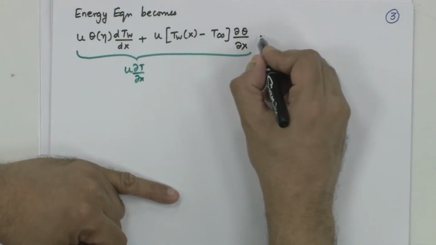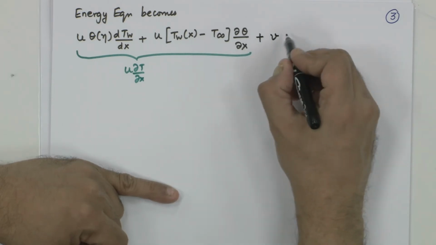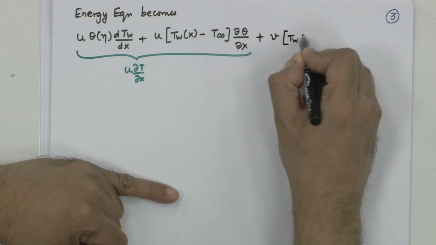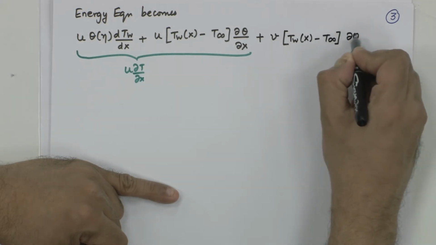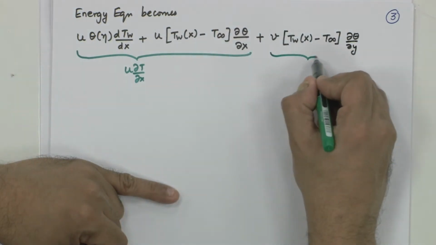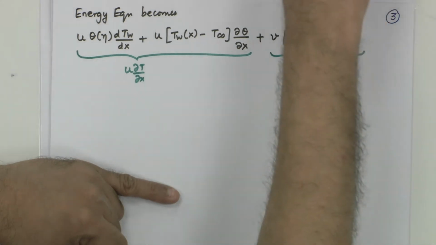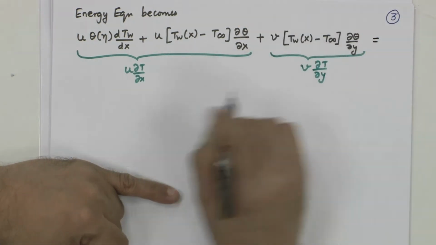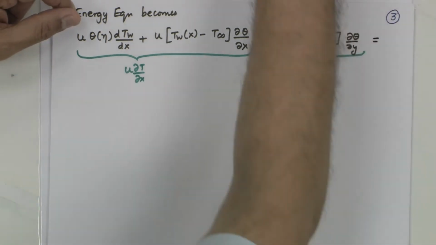Then the next term is v times dT/dy, that is nothing but v times (Tw of x minus T infinity) d theta/dy. So, this is v dT/dy.